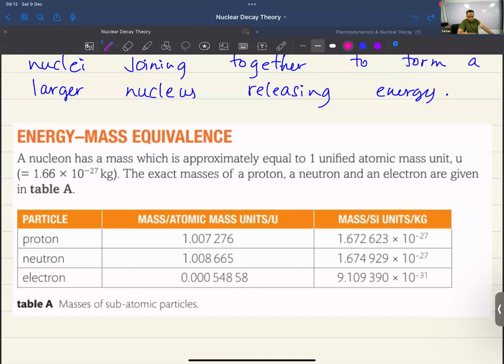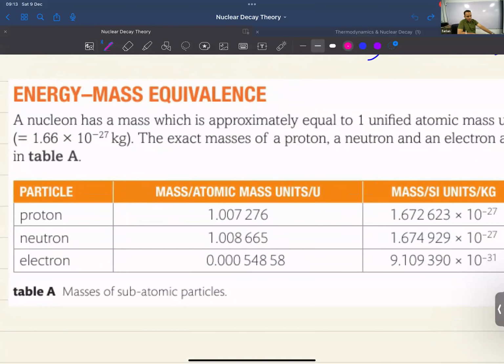You can see the reason why the mass of the electron is considered to be 0 is it is extremely less compared to the mass of the proton and neutron. So we do take that the mass of the proton and neutron is 1 atomic mass unit, 1 U, but it's not actually 1. If you take the mass of proton, it's 1.00722276, slightly different from 1 U. Same thing with the neutron.